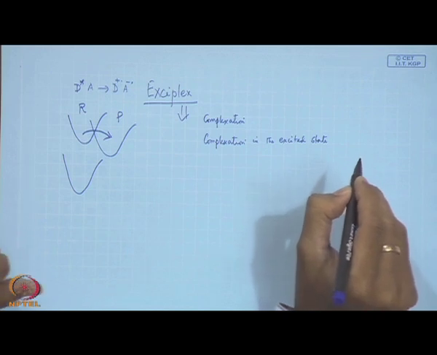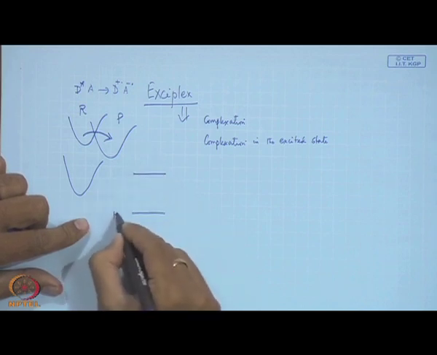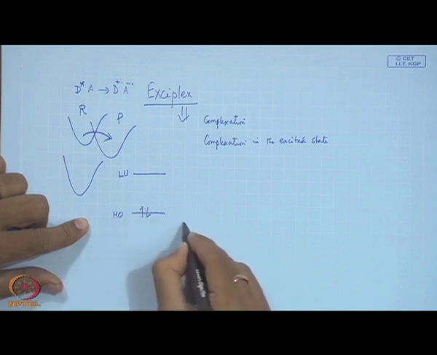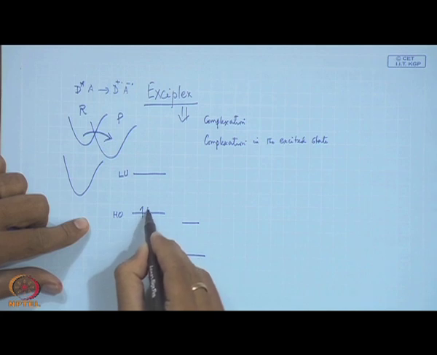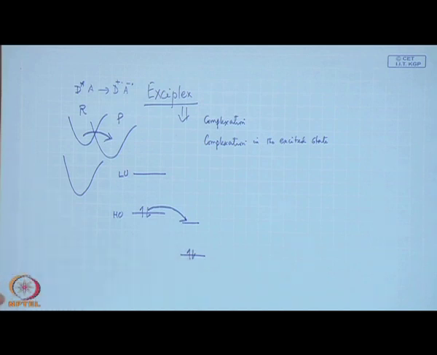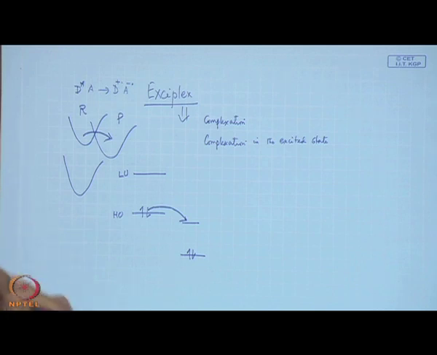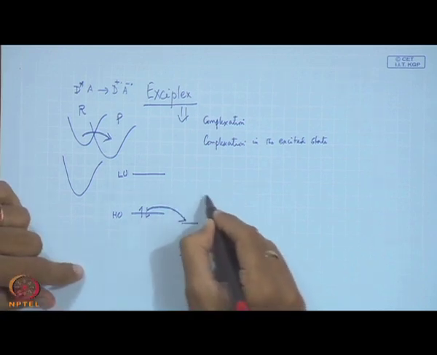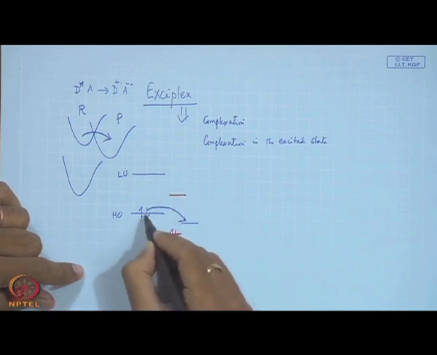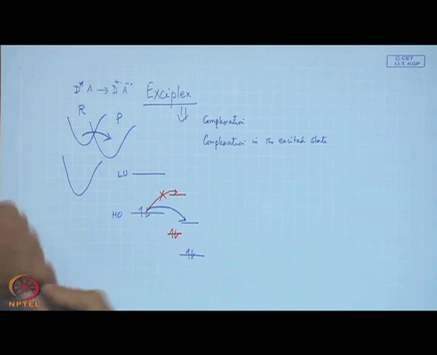Think of this electron transfer process: suppose you have your HOMO and LUMO and you have this electron. If you have an acceptor over here like this, then one electron may be transferred to it, so that this acceptor is reduced. But if the situation is such that its disposition is different, say over here, then this process is not possible, because it is an energy demanding process.